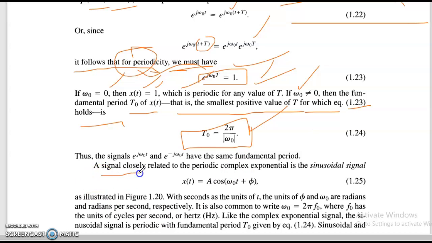A signal closely related to the periodic complex exponential is the sinusoidal signal x(t) equal to A cos(omega naught t plus phi), as illustrated in Figure 1.20.